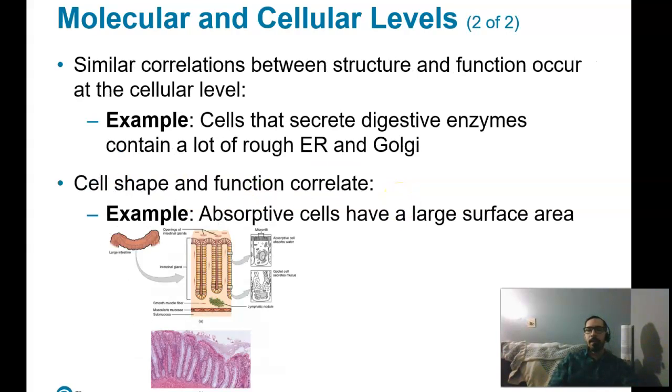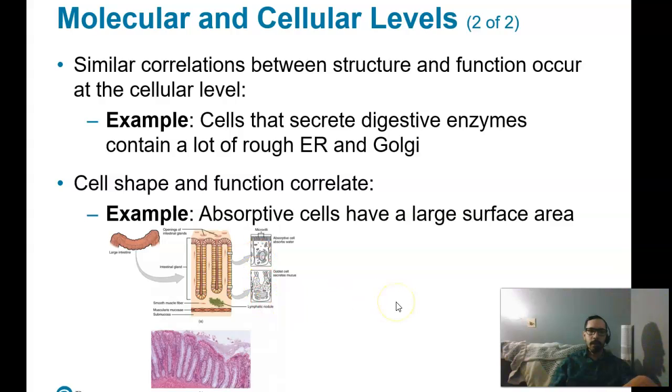You can also see this at a cellular level, where cells that secrete digestive enzymes contain a lot of rough ER and Golgi. And also you can see the shape and function correlate with things like cells.